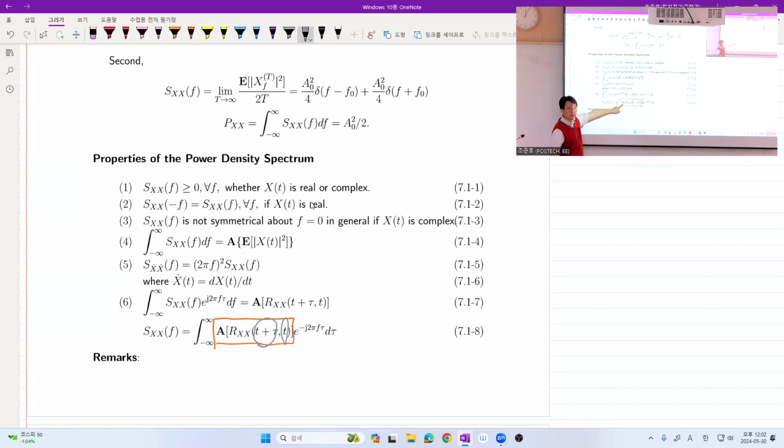This average is with respect to which parameter? T. Never forget this. The time average is over the parameter t. So after you average this two parameter function, you have a single parameter function of tau. So your Fourier transform is with respect to the parameter tau, not t. And then your result is a function of f.